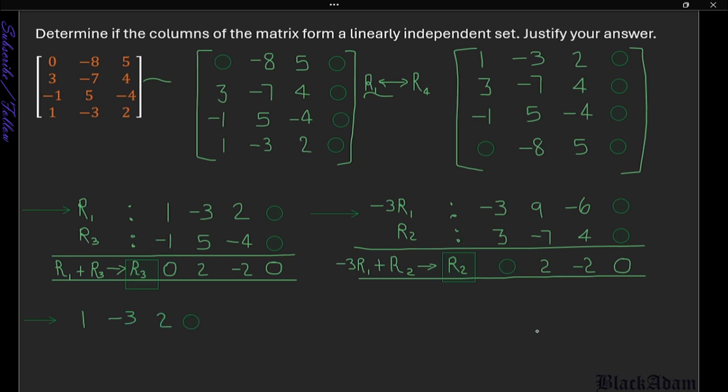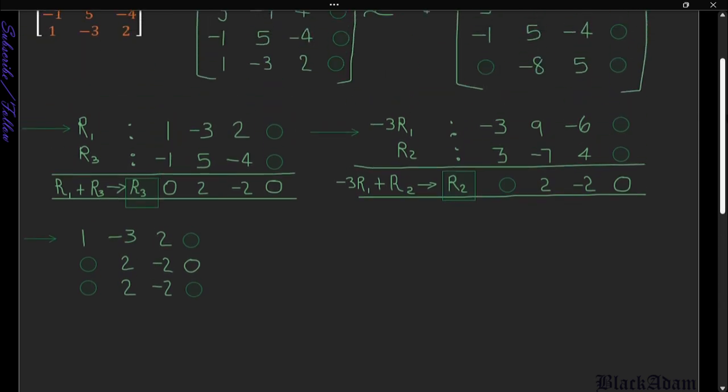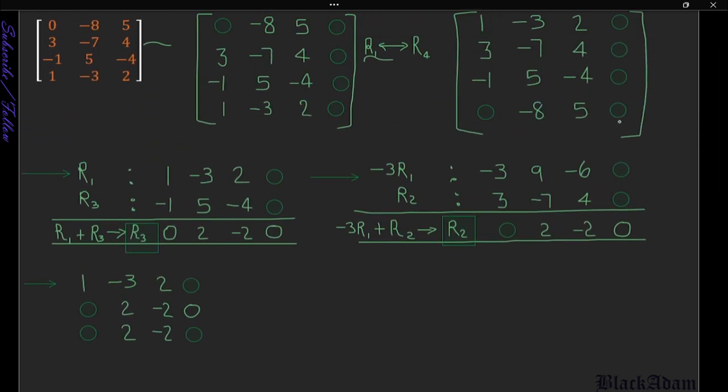Row 2 is 0, 2, -2, and 0. Row 3 is 0, 2, -2, 0, and row 4 is 0, -8, 5, and 0. So that's our new matrix.